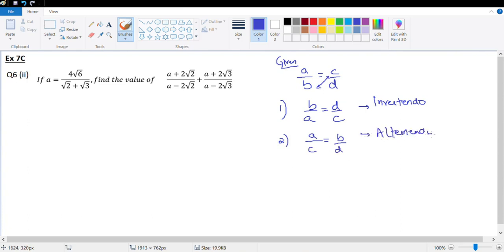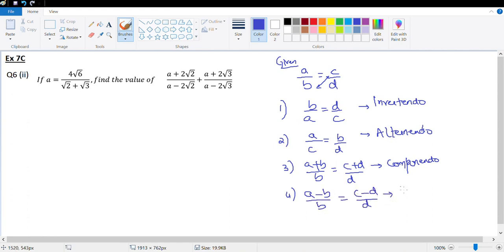The next one we talked about was componendo, where we add 1 to both the sides to get this property, and this was A plus B upon B would be equal to C plus D upon D. This was componendo. The next one was dividendo, where we subtracted 1, so it would come like A minus B upon B is equal to C minus D upon D. This was dividendo.